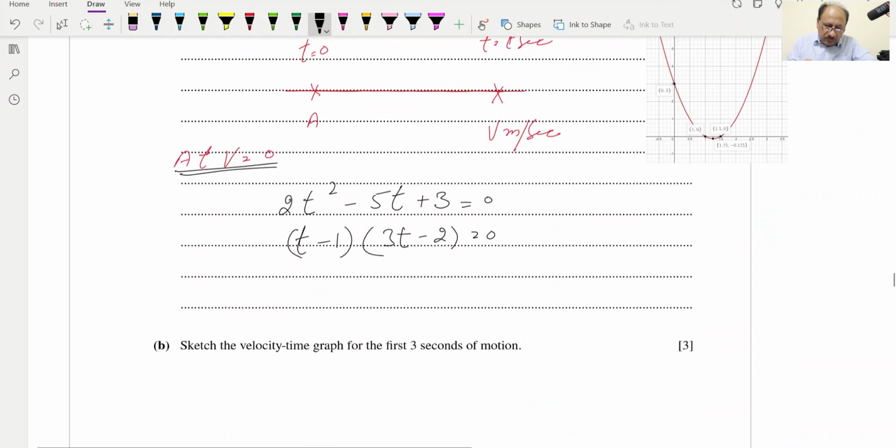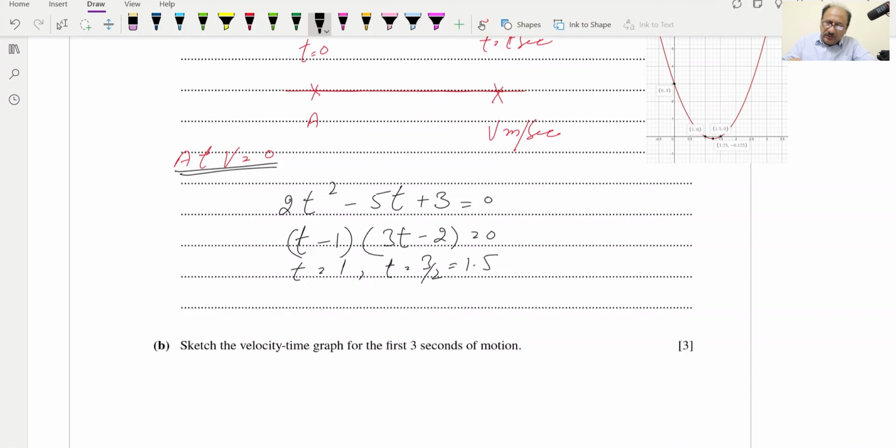We can write t is equal to 1 and t is equal to 3 by 2, which we can write as 1.5.